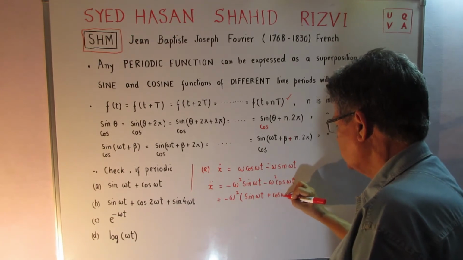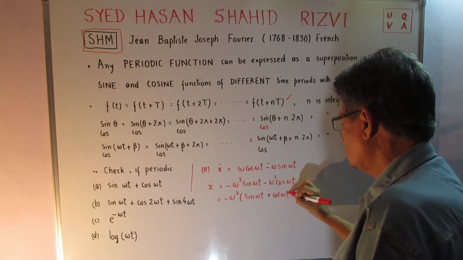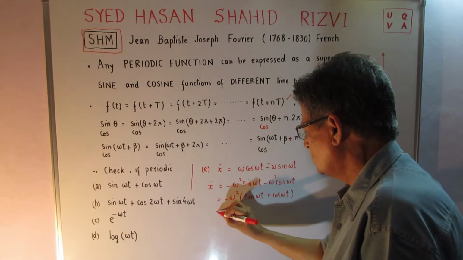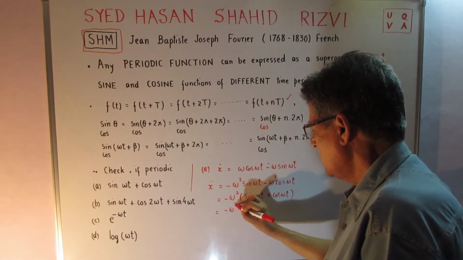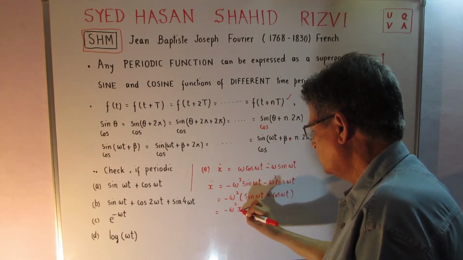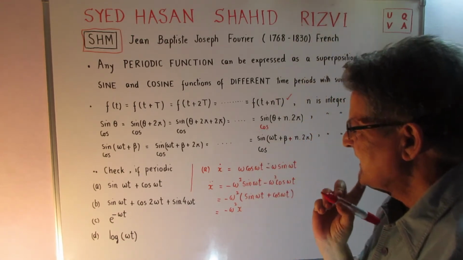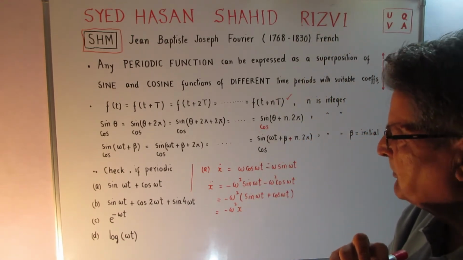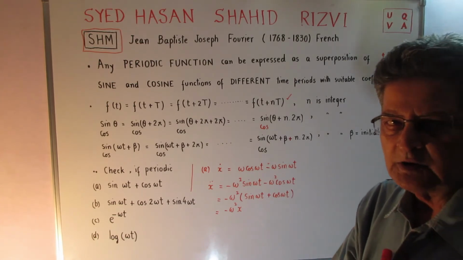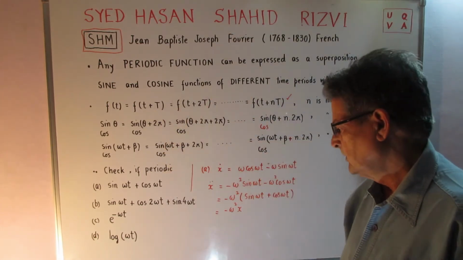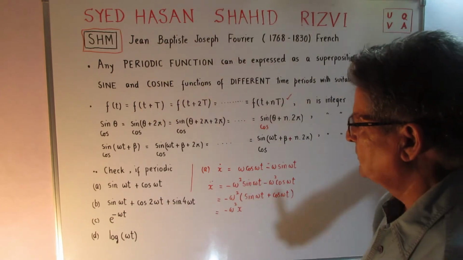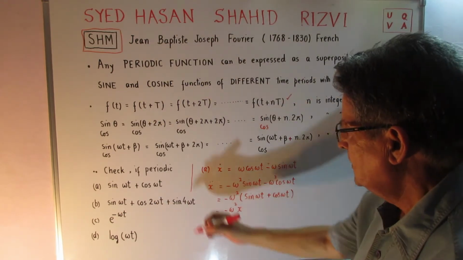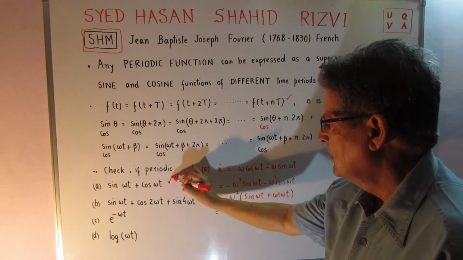And what is this in the bracket? This is equal to x, so this is equal to minus omega square x. Therefore we can say that this function, x equal to sine of omega t plus cos of omega t, is definitely a periodic function, a solution to the equation. So this is periodic, right?